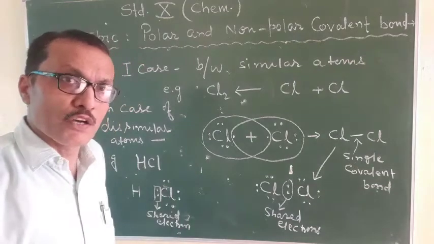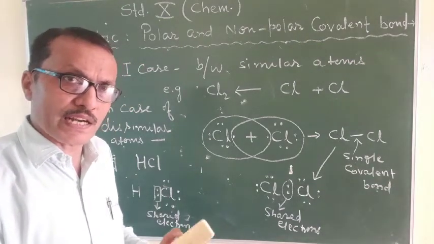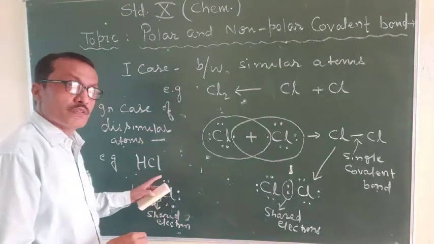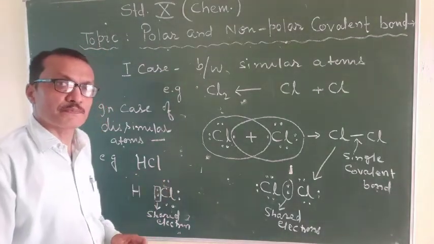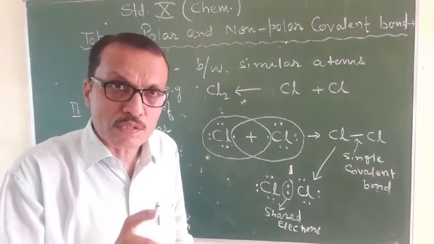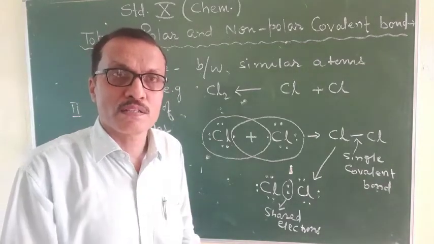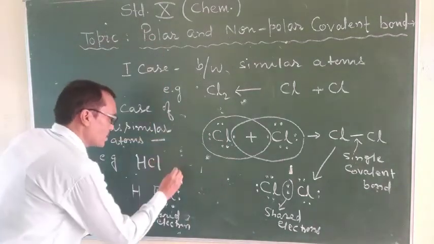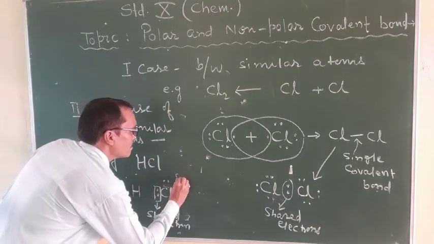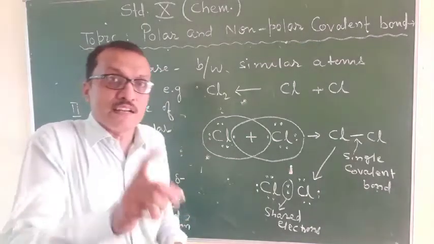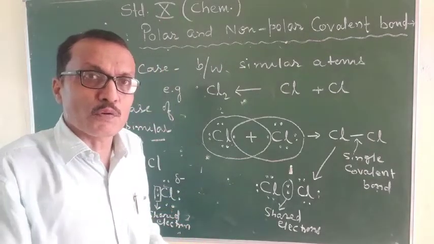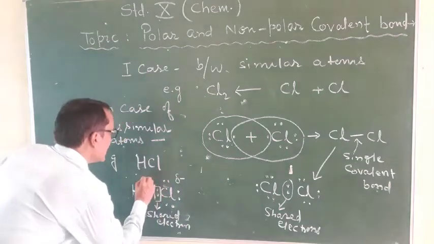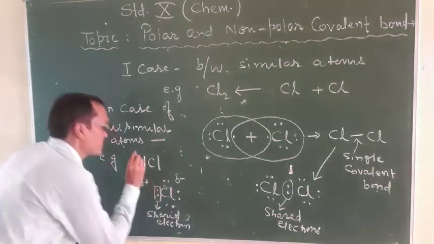So what happens when shared electrons are attracted more towards the chlorine atom? The more electronegative atom acquires a partial negative charge, which is denoted as del minus, and the other atom acquires a partial positive charge, which is represented as del plus.